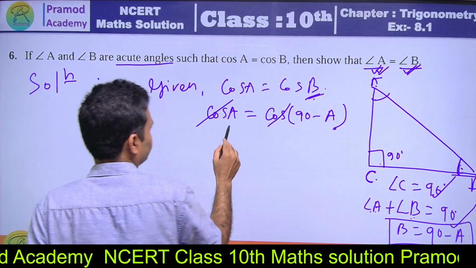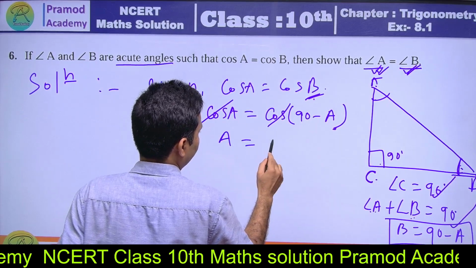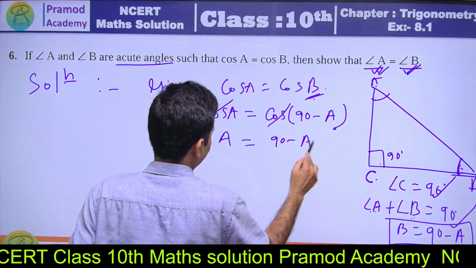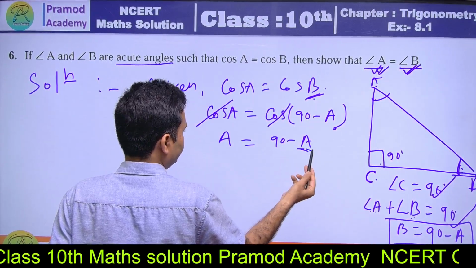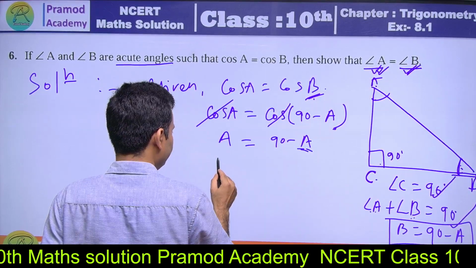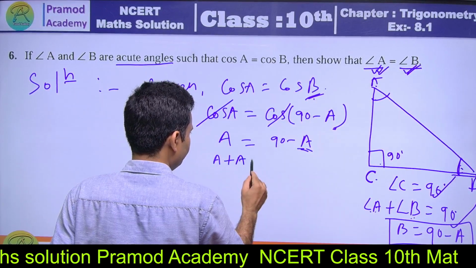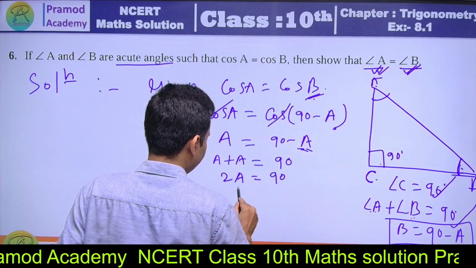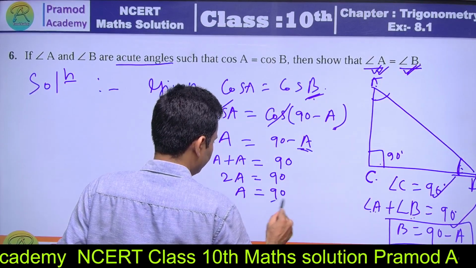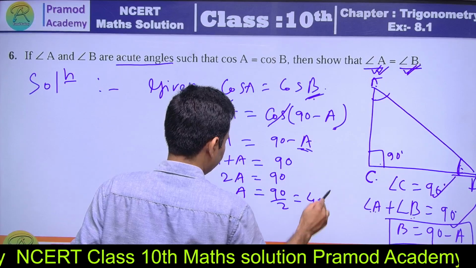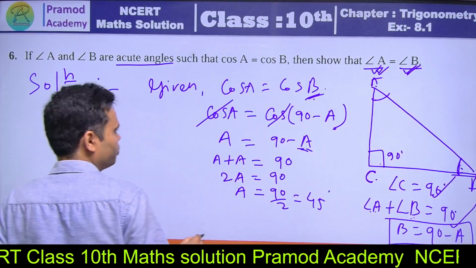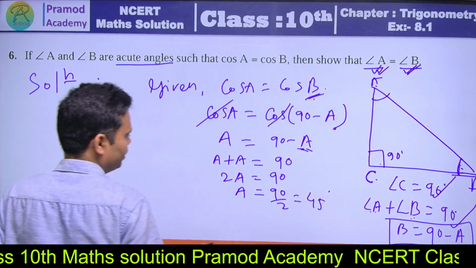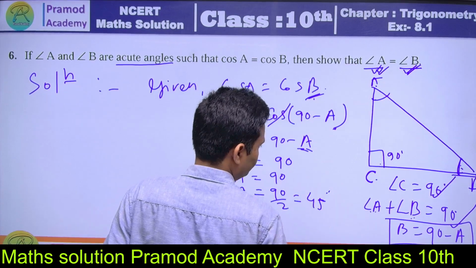Cos is gone. Now A equal to 90 minus A. If I take this A to the left side, then A plus A will be 90 degrees, 2A equal to 90 degrees, A equal to 90 by 2, that means 45 degrees. A equal to 45 degrees.